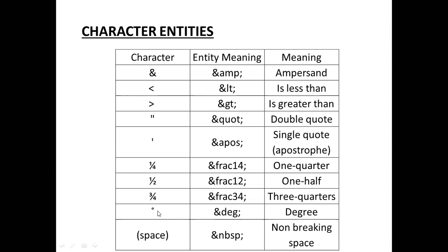If you define temperatures in degrees, that is the small circle, it is represented in HTML as ampersand deg semicolon. So these are the character entities. We represent characters as ampersand LT, ampersand GT, etc. So these are the character entities.